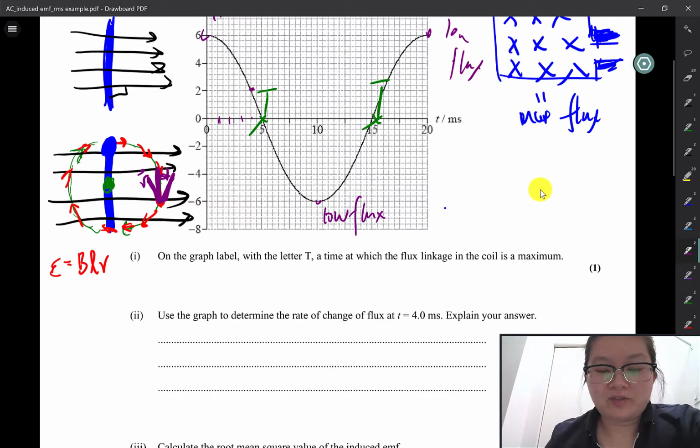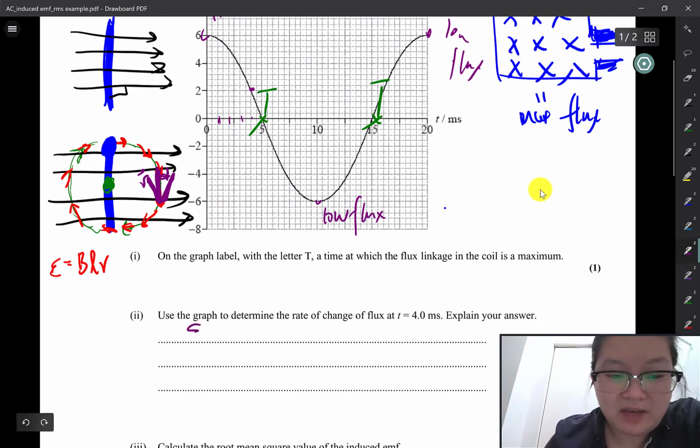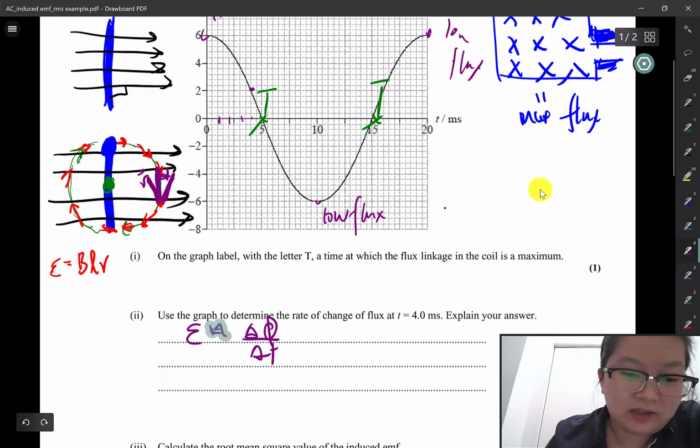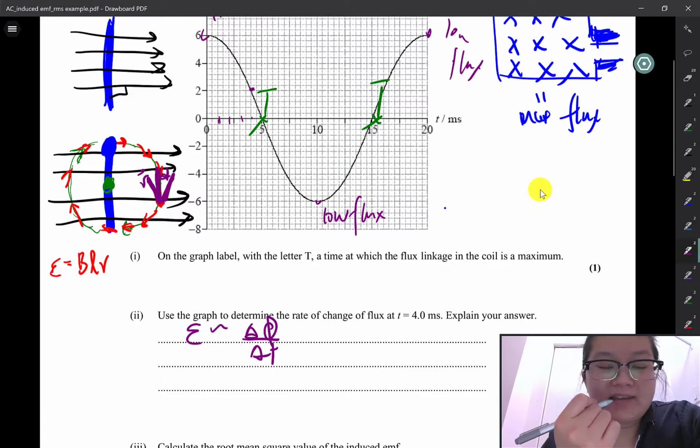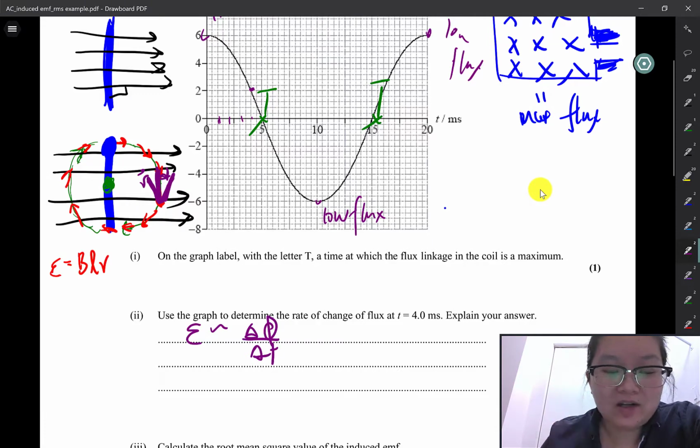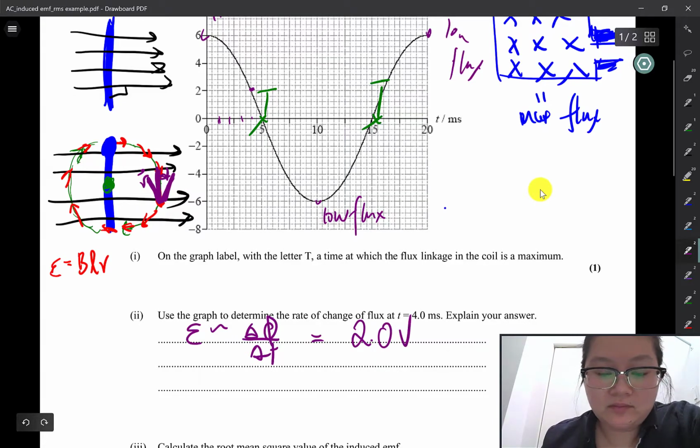We know that the EMF is directly related to the change in the flux. So that is it. We don't have to do anything there. So this is going to be actually just 2 volts, or that's going to be 2 Weber per second.